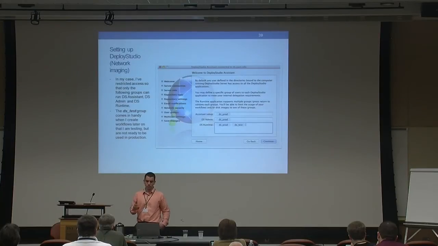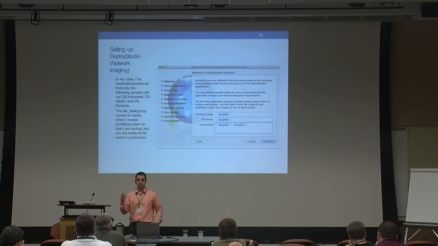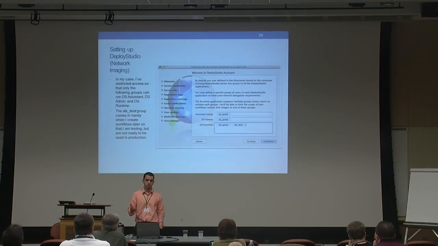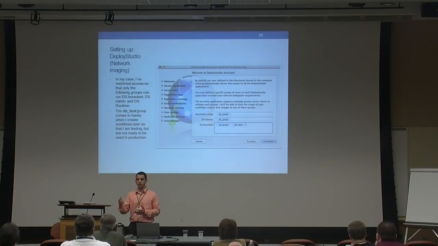I create the DSprod tech group, and only technicians have access to that. But then there's a test group that only has access to run certain workflows. The reason I do that is because I might be working on a new image, and I don't want people in production to start using that image without having tested it. So that's why I would separate that.